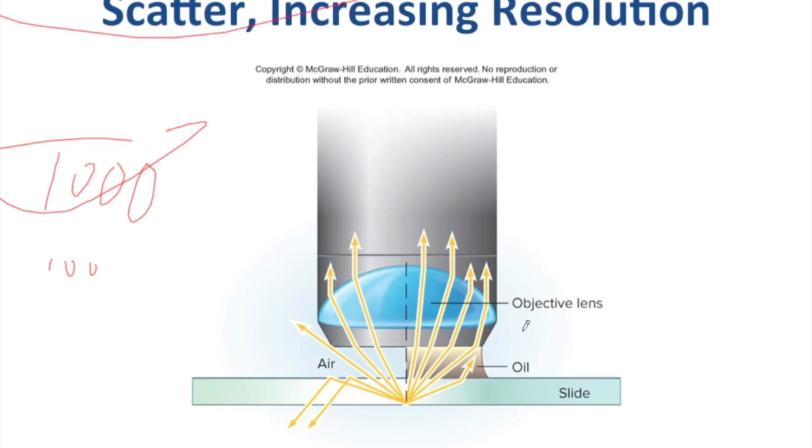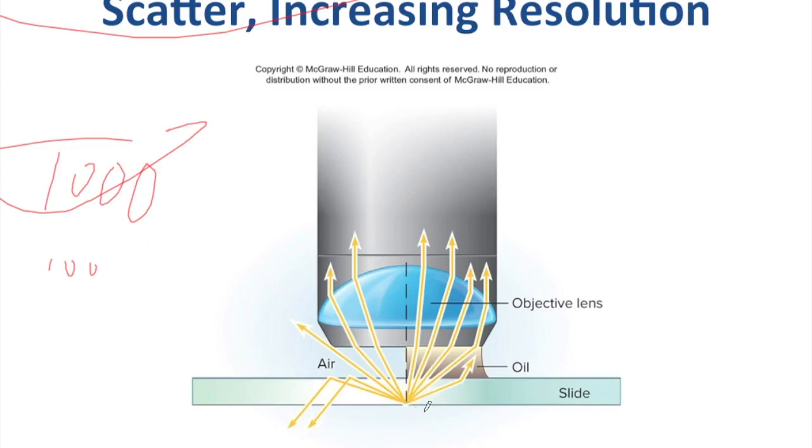So why do we have to use oil? Since this is a high magnification, it needs more light to go through.